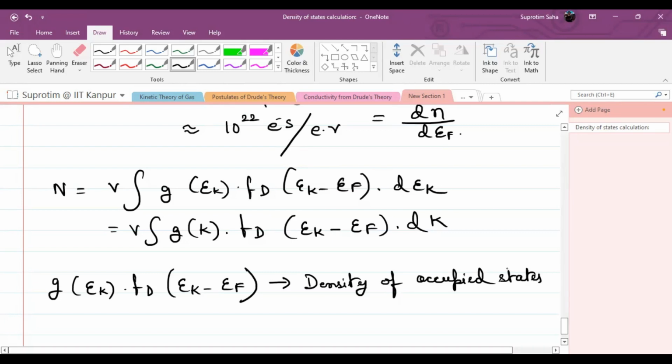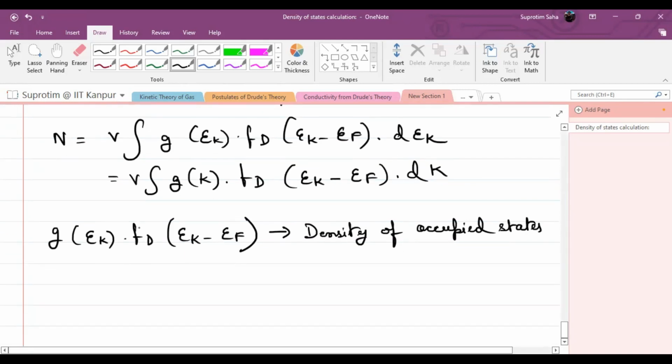So you have a density of the states, a distribution of the energy states, and then you multiply it with the probability, which is the Fermi-Dirac distribution. So it will give you the density of occupied states. The density of states times the Fermi-Dirac distribution will give you the occupancy of the electrons in those energy levels. So naturally, this product will give you the density of occupied states.